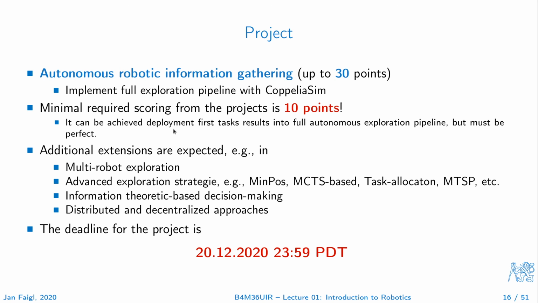You can consider multi-robot exploration. You will have the background from the lectures, and consider advanced exploration strategies, not just greedy nearest frontier or so. You can consider MinPos or MCTS-based task allocation, MTSP, information-theoretic decision making, distributed and decentralized approaches, and so on.